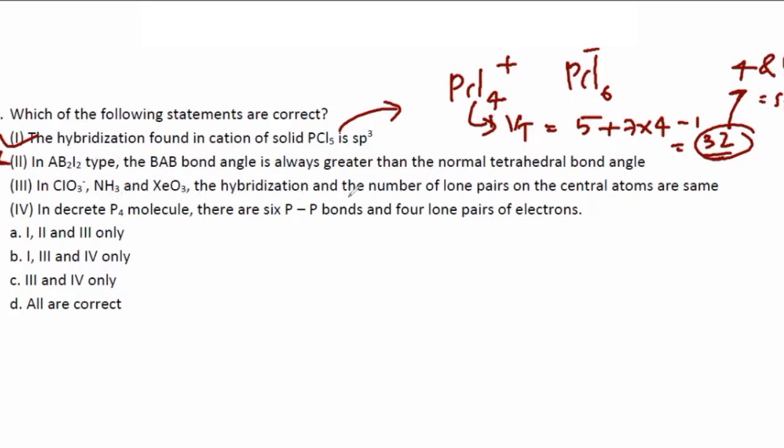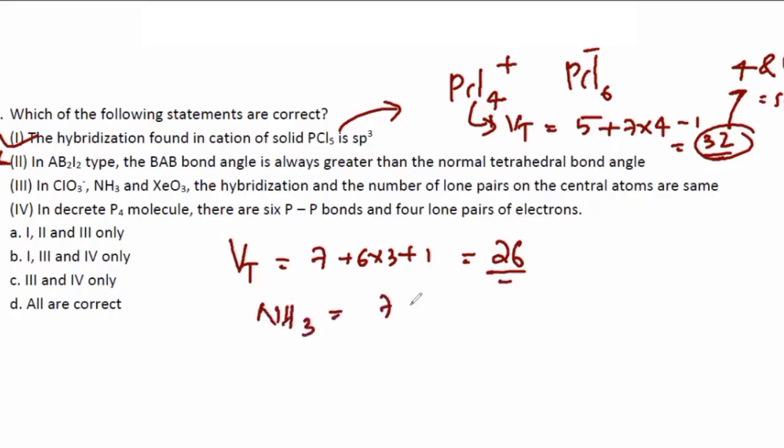ClO3 minus, NH3, XeO3: hybridization and the number of lone pairs of the central atom are the same. ClO3 minus, the total valence electrons, 7 plus 6 into 3 plus 1, that is 8 plus 18, 26. NH3, I'm sorry, nitrogen has valence electrons 5. 5 plus 3 into 7, that's also 26.